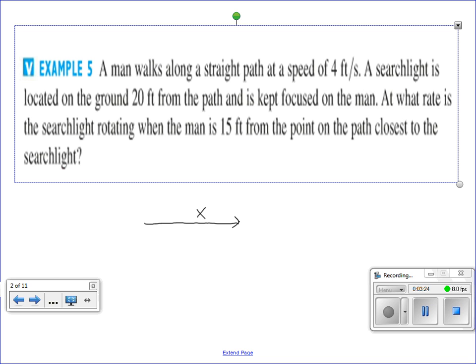The searchlight looks like it's here, 20 feet from the path, kept focused on the man.